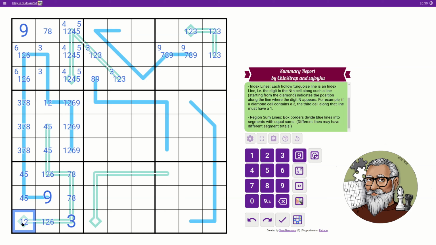But I did remove the 6 from here, so this can't be 1 anymore. Yeah, and if this isn't 1, then this is 2 or 6. Okay, that still doesn't help. 2 or 6, then both work, right? 6 would be referring to itself, and 2 would be referring to this cell, which could in turn be 6.